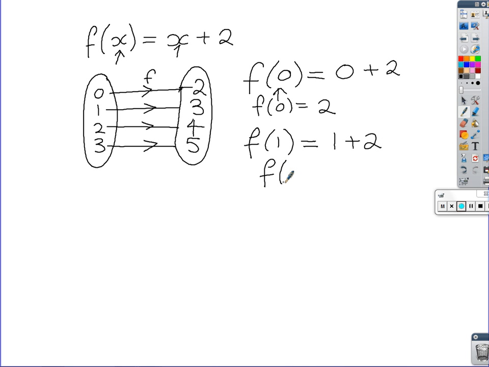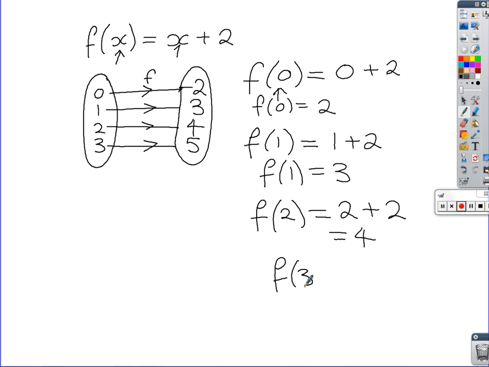So f of 1 equals 3. F of 2 is 2 plus 2, 4. And f of 3 is 3 plus 2, which is 5. So that's how we get the numbers out. 2, 3, 4, 5. Just taking each number from the domain and substituting it into our function.